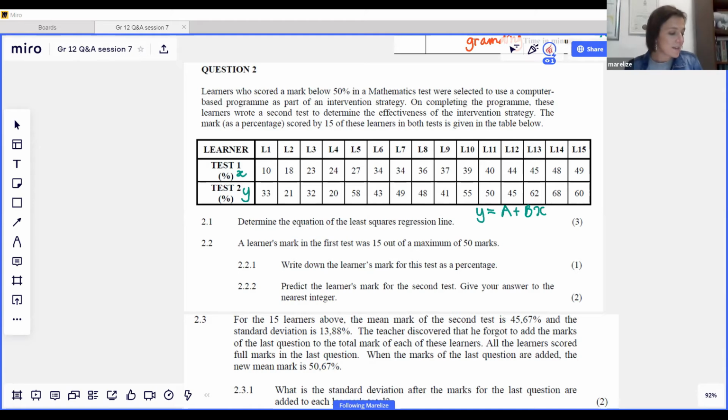And to go back to get your B value, you just press AC again, Shift 1, that's for stat, and then B, and B should be 0.98.